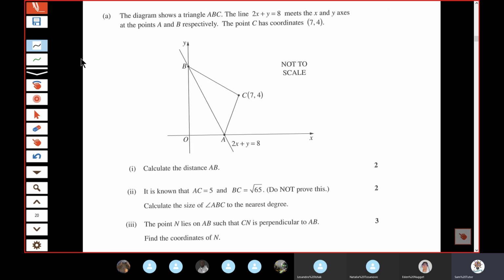I kind of got it, but I'm not sure if it's X before Y. Distance formula.